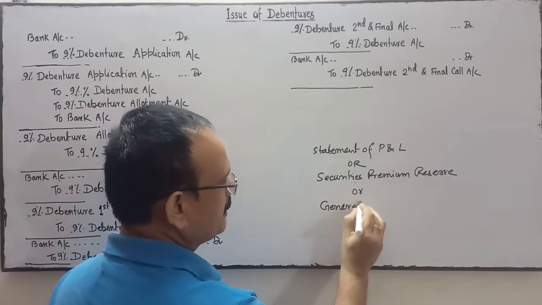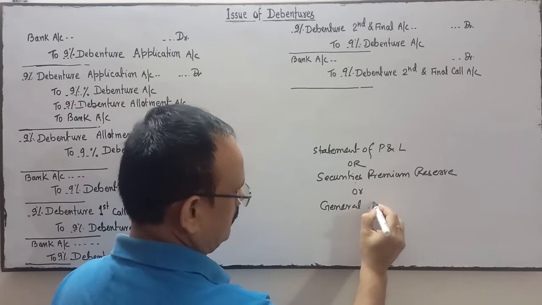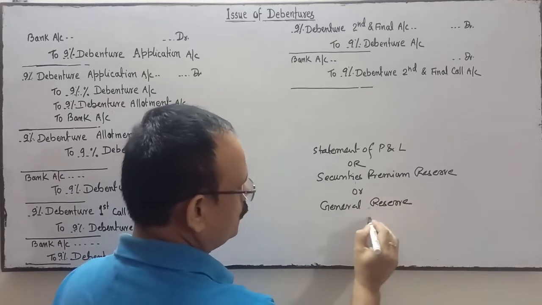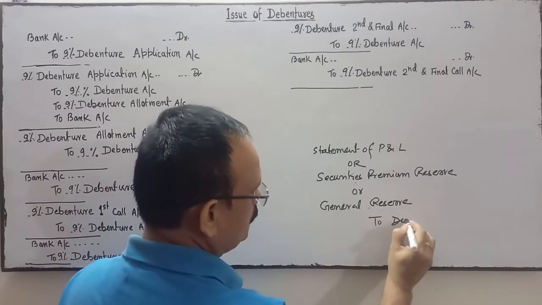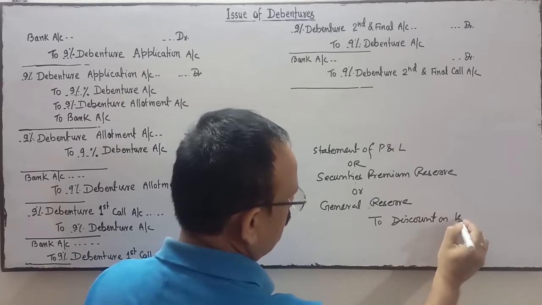If any sort of reserve is there, then we may write off this one, either of them.